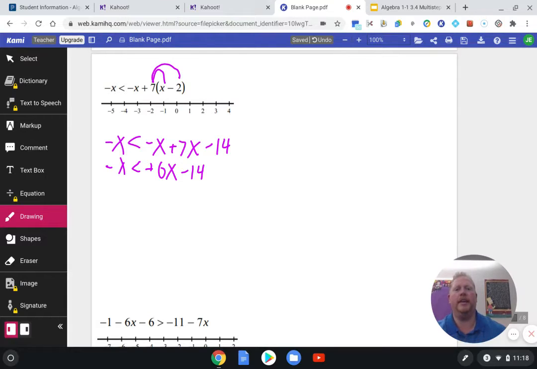Now, normally I say if you're trying to get your x's from both sides of the equation to the same side, then go ahead and move the smaller coefficient. But when we do inequalities, we want the variable on the left-hand side. So even if we got it on the right-hand side, we still flip it around at the end, like on the last problem. So my rule of thumb with inequalities, always move the variable to the left-hand side. So I'm going to subtract 6x.